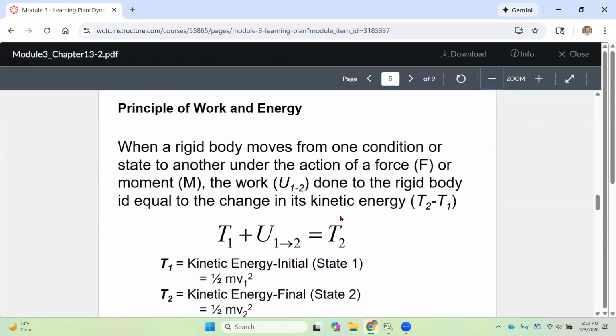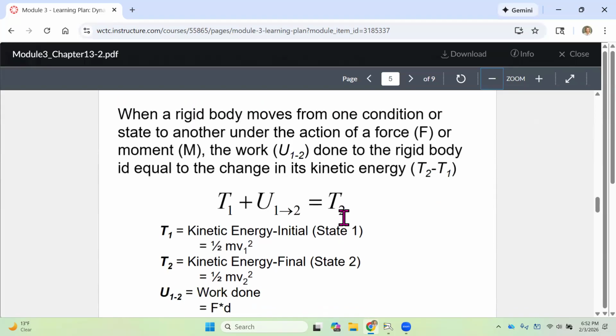When a rigid body moves from one condition or state to another, so we're looking at those befores or starts and then afters or finishes, and it does so under the action of a force or moment, the work done on that rigid body is equal to the change in the kinetic energy that occurs.